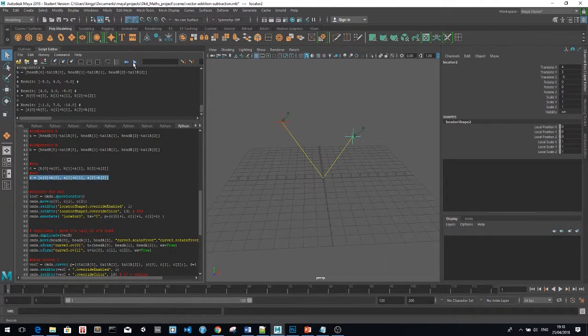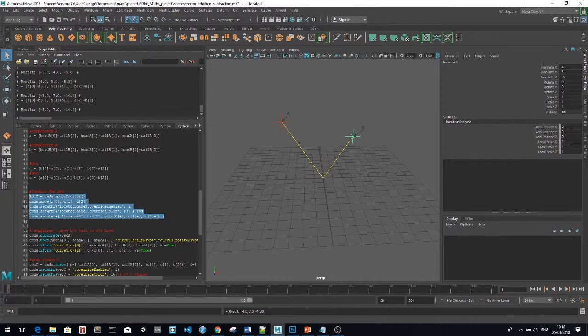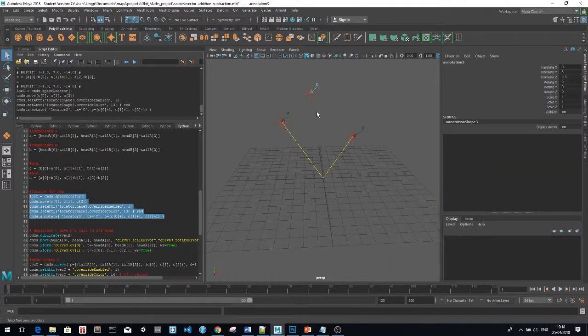If we do A plus B, it should give us -1, 7, -14. And this tells us that vector addition is commutative. So now we can plot the points for vector C with this locator, using this code here, and it should move it to the points of vector C that we have found here.